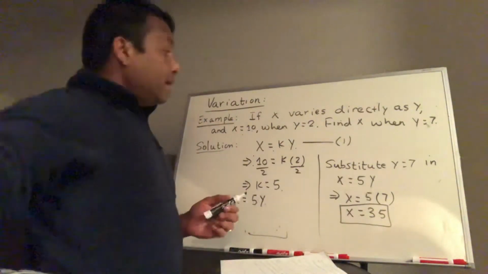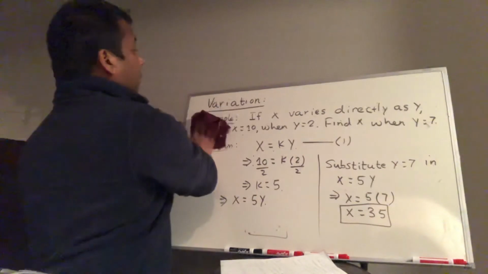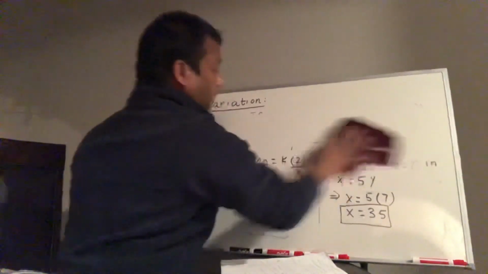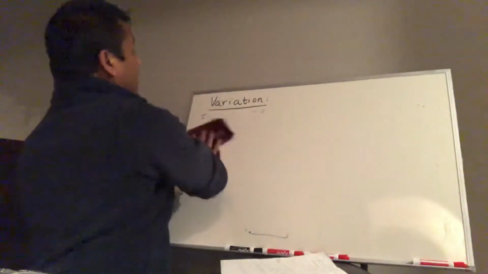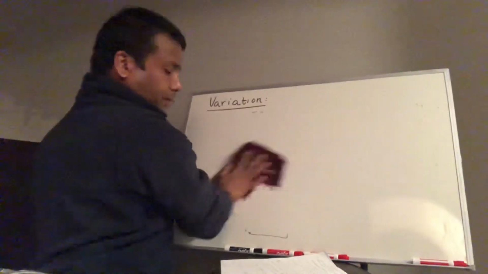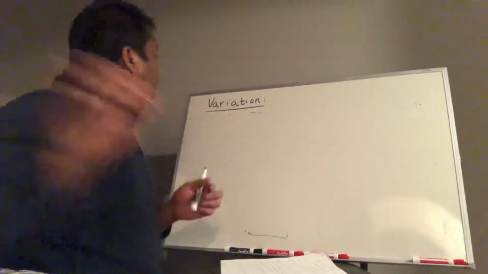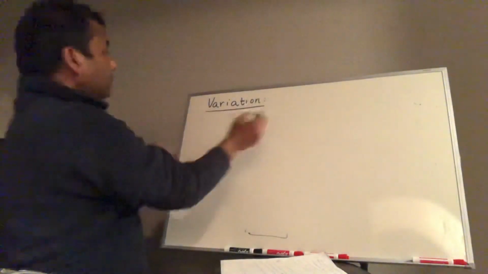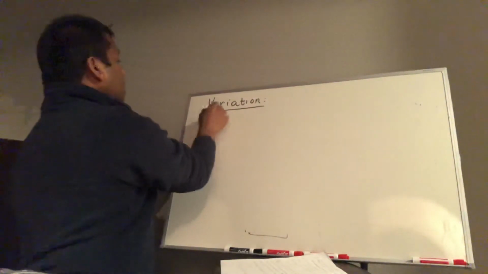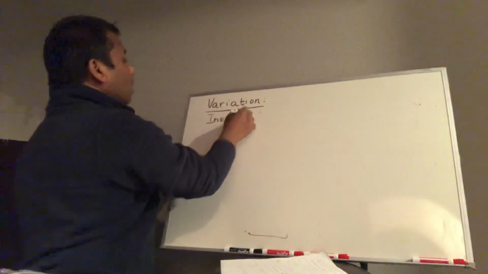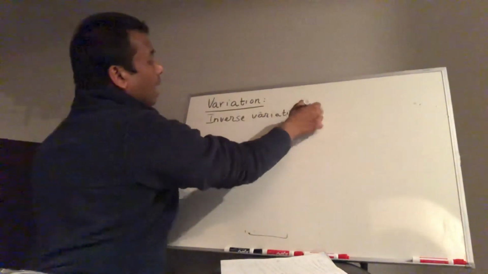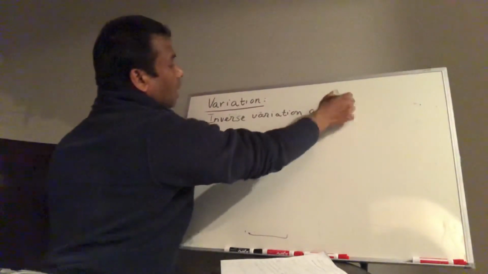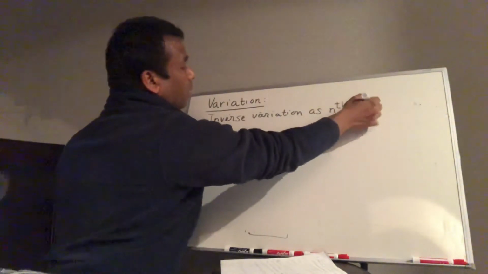So the next one is inverse variation as nth power.